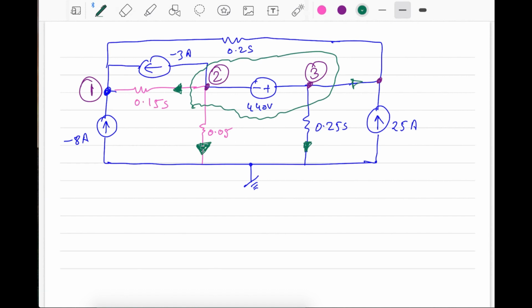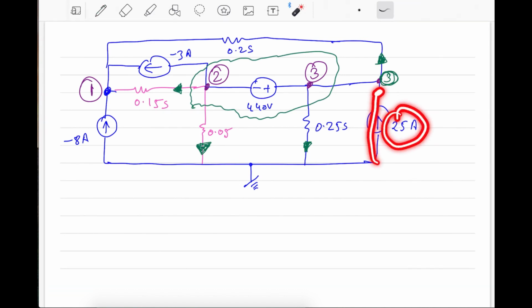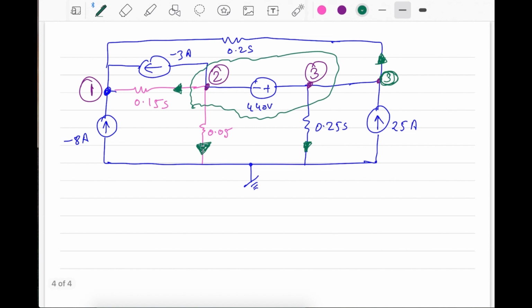And this is the current which is leaving the super node, which is exactly not this; you can say this is the one which is actually leaving the super node, because here we can say it's node 3. And this is the current which is actually entering the super node. So if we write this KCL here for the super node, it will be V2 into 0.05, because it's in Siemens, right? Instead of ohms, it will be Siemens, right?